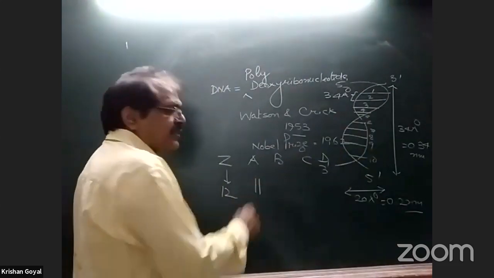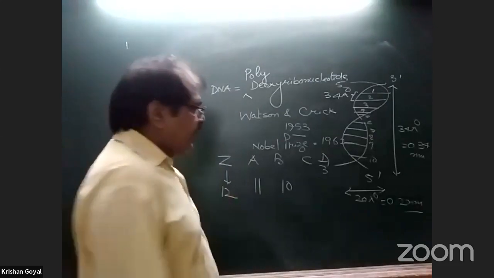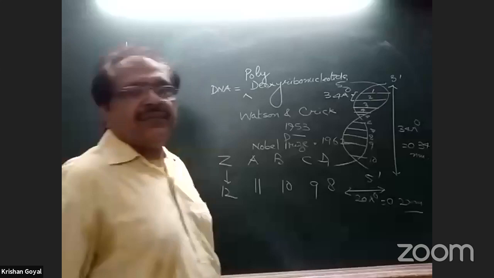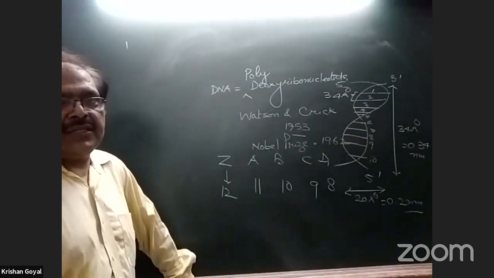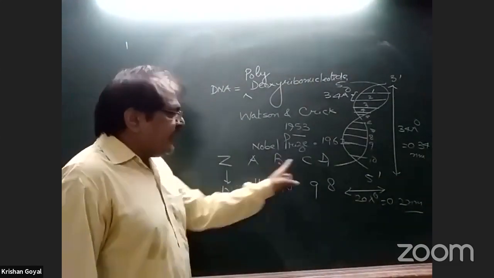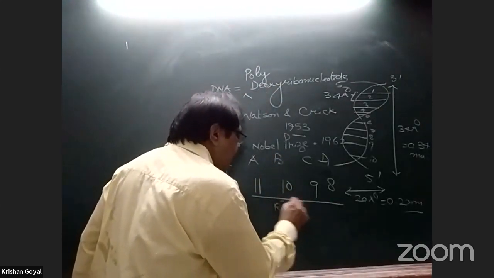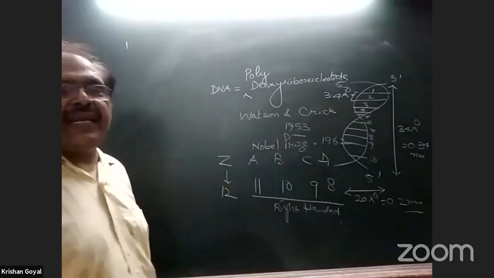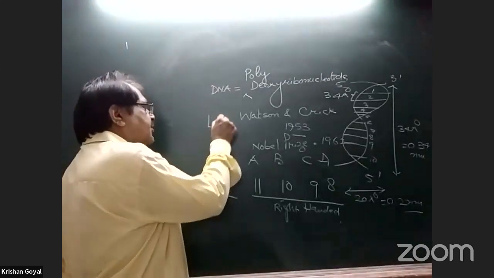It is 11 base pairs, 10 base pairs, 9 base pairs, and 8 base pairs. Very simple to remember: 12, 11, 10, 9, 8. Among these, all DNAs are right-handed. And this zDNA, which is called the zigzag DNA, has a left-handed structure.